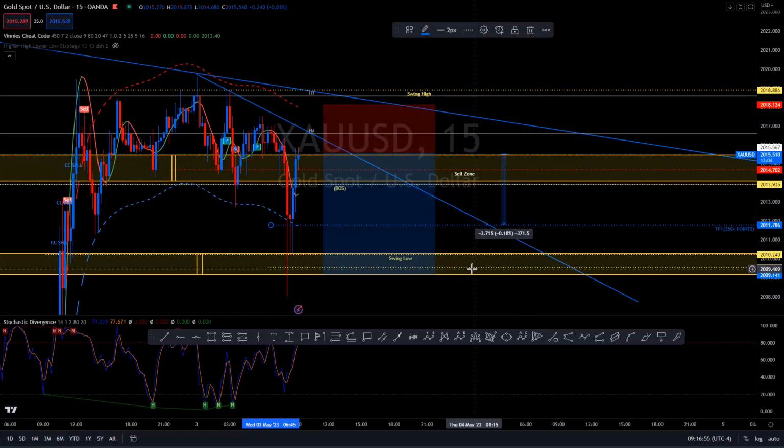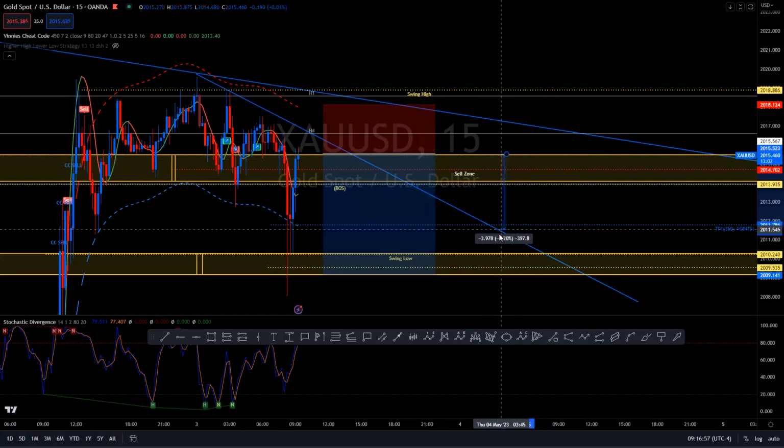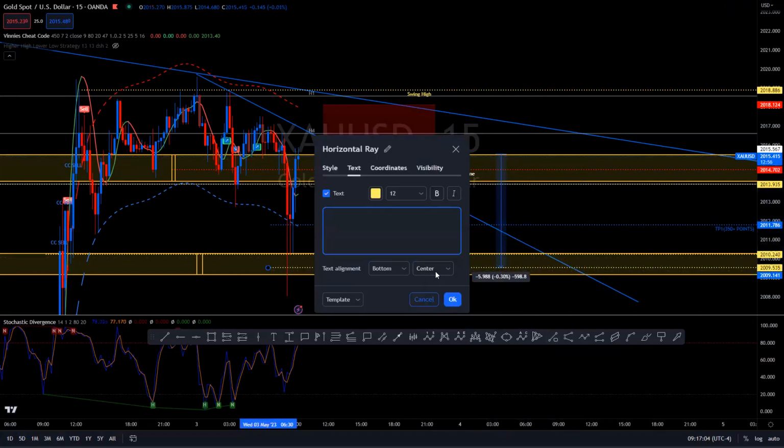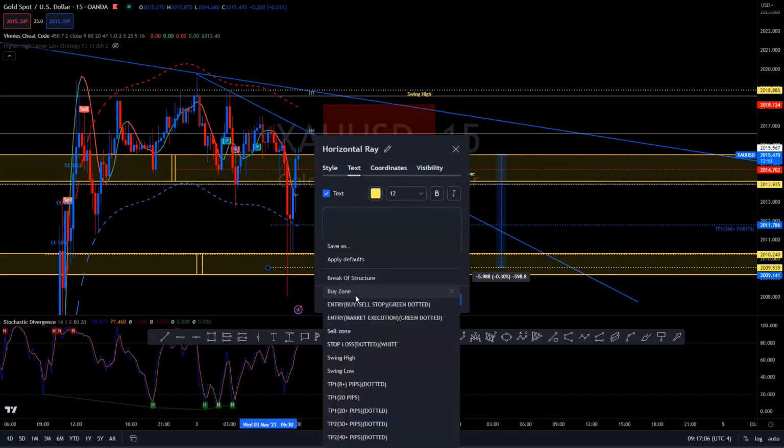And down to here, this is going to be TP2, 598 points. Put the exact number.